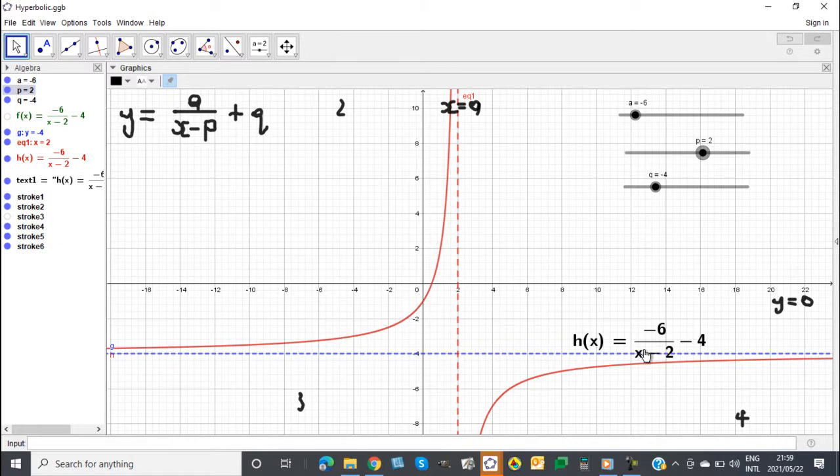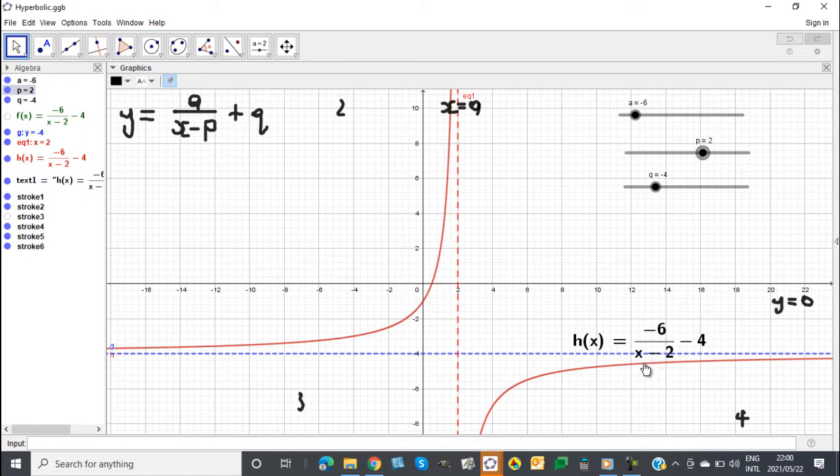So the reason why we have an asymptote, basically, it's where the graph is not defined. So this means for x equals 2, you won't have the corresponding y value, because if you plug in 2 there, you'll have 2 minus 2 down here, and 2 minus 2 is 0, and anything divided by 0 is undefined.